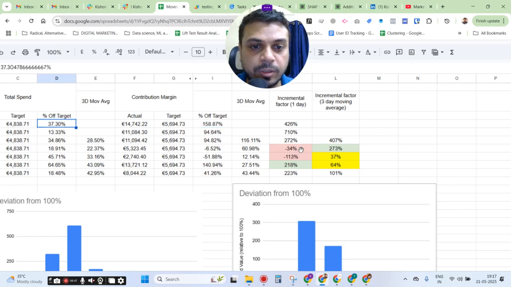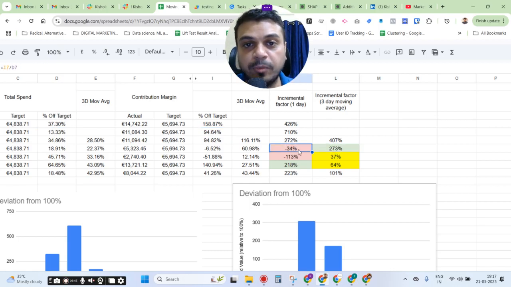Suppose you were to take a decision as a performance marketer, say minus 34%, if you're looking at only that day's data. I don't think anyone really does that, but if you get fixated on that day's data, you might be misled, thinking the incrementality factor was bad for this particular day.